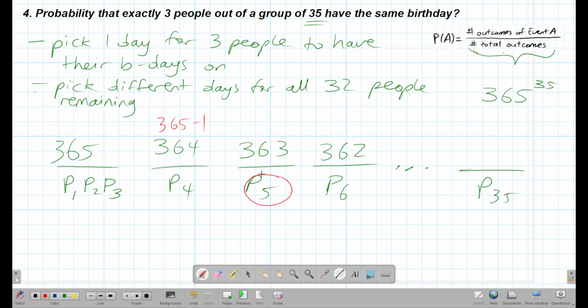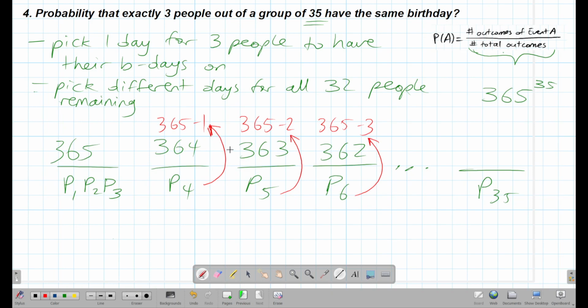For person 5, they get 365 minus 2. And then for person 6, they get 365 minus 3. So you can start to see a pattern between the 4 and the minus 1, between the 5 and the minus 2, and between the 6 and the minus 3.